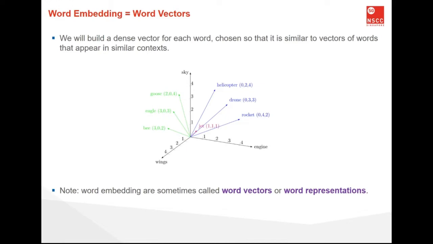The word vectors should mathematically reflect the fact that all of them are flying in the sky. At the same time, they should also reflect the fact that helicopter and jet are machinery, while goose and eagle are animals with wings. Here, we distribute the meaning of each word between its coordinates in a three-dimensional space, representing the categories sky, engine, and wings.